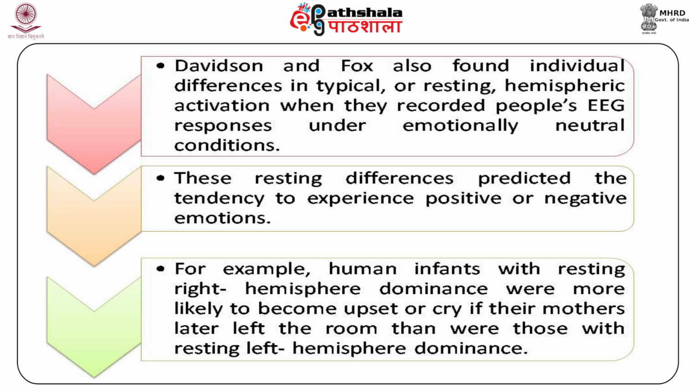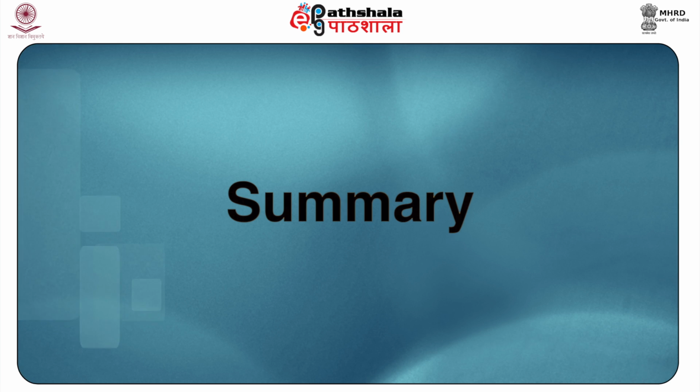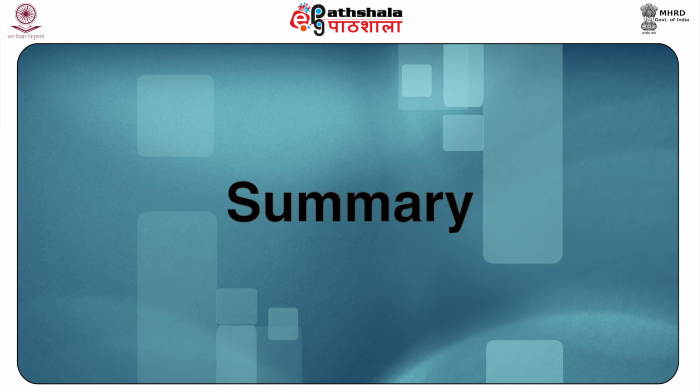For example, human infants with resting right hemisphere dominance were more likely to become upset or cry if their mothers later left the room than those whose resting left hemisphere dominated. In adults, a higher resting level of right hemisphere EEG activity may be a risk factor for later development of adult depressive disorders. Now let us quickly summarize the points that we have already talked about.